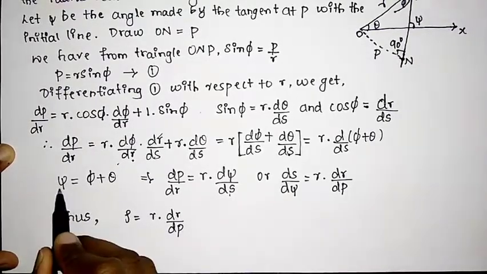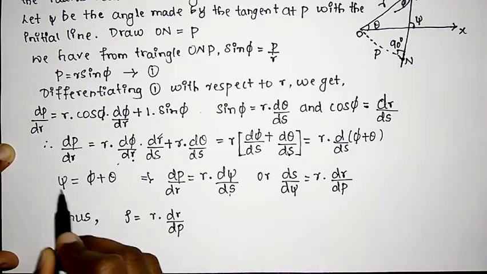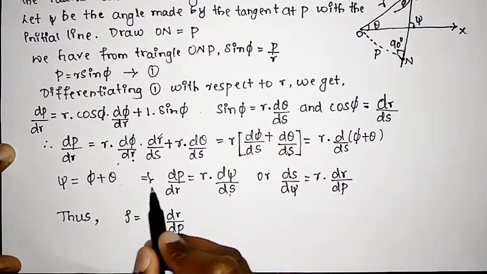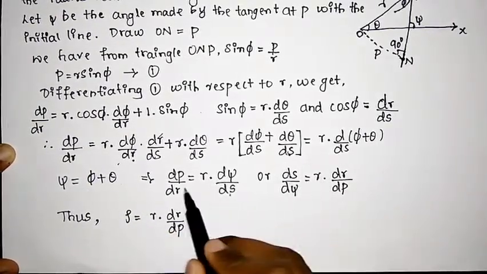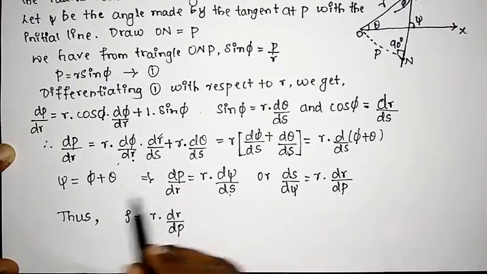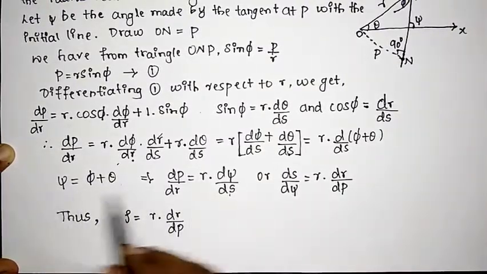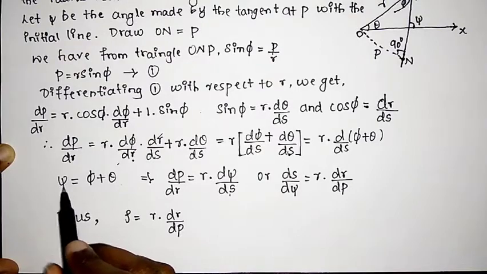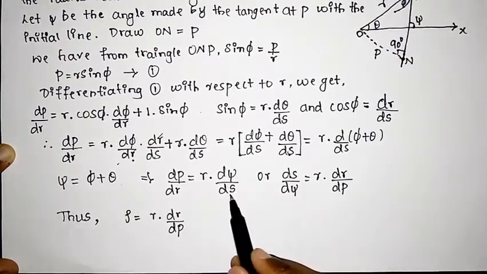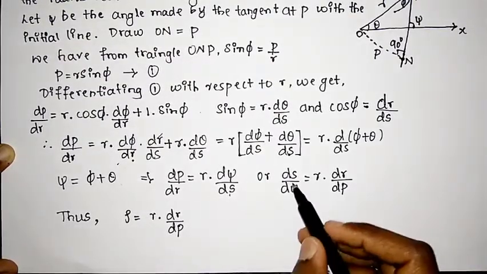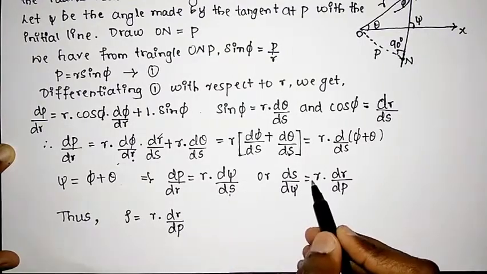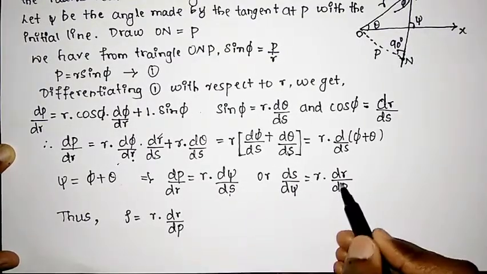So the exterior angle psi is equal to phi plus theta, as we have taken. As we know, dp upon dr can be written as r into d psi upon ds, differentiation of psi with respect to s. So we can write ds upon d psi is equal to r into dr upon dp.